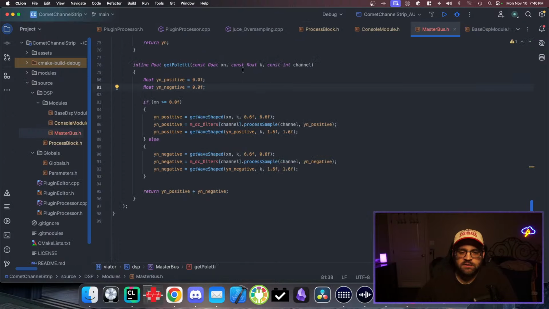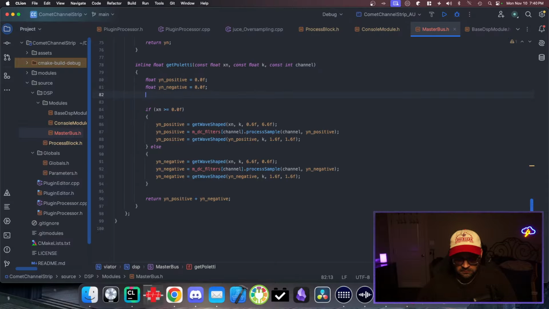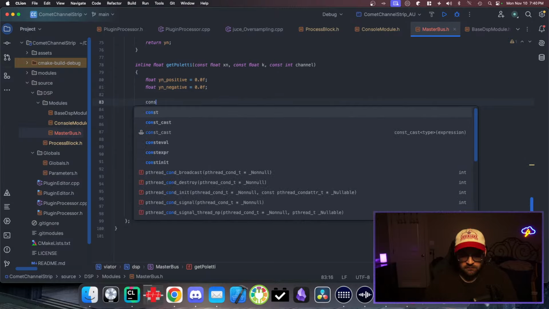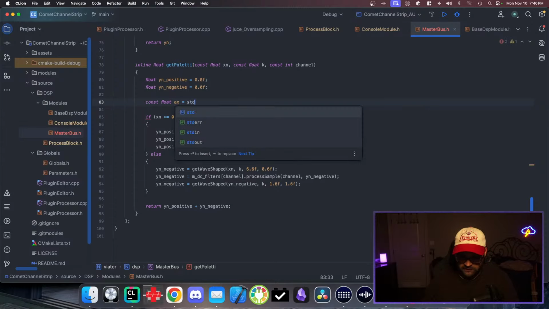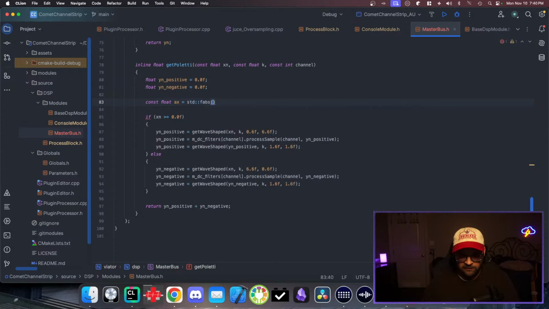Oh, well. So we need a variable to hold our masked signal. So we're going to do const float, call it AX, is equal to the absolute value of xn, correct?